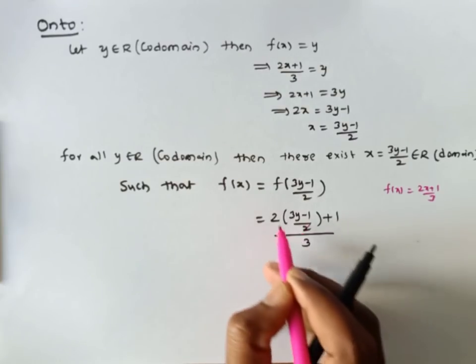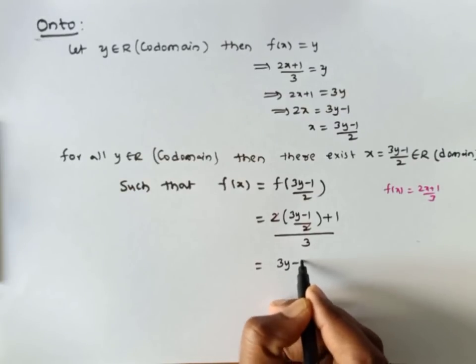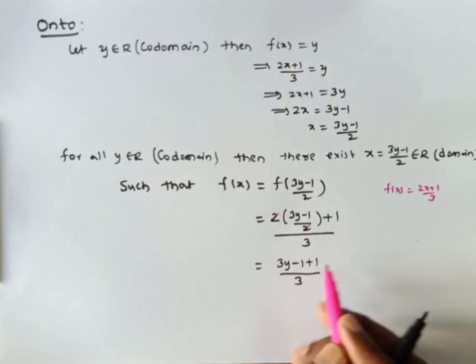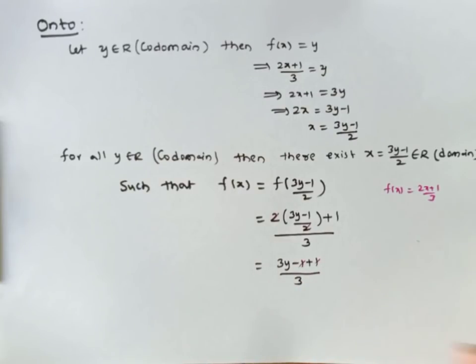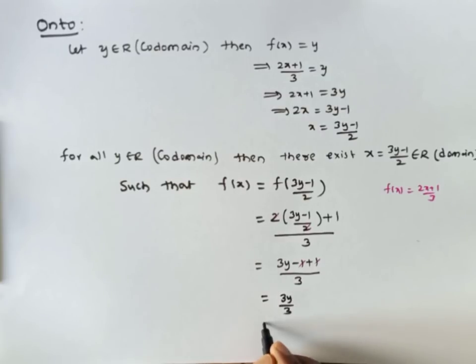Now this 2 and 2 get cancelled. Then the remaining part is 3y minus 1 plus 1 by 3. Here plus 1 minus 1 also gets cancelled. So finally this is 3y divided by 3. 3 gets cancelled, then it is y. So f is surjection.